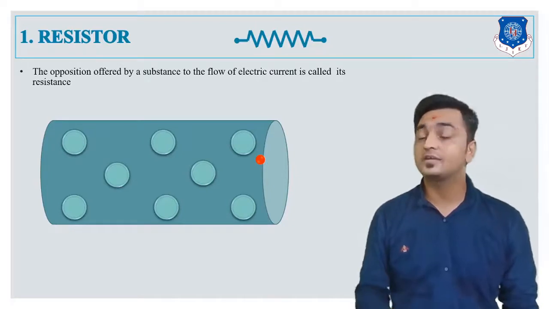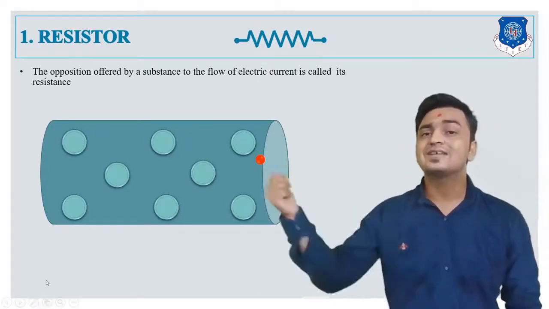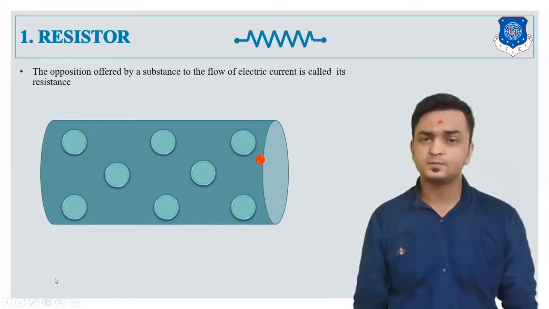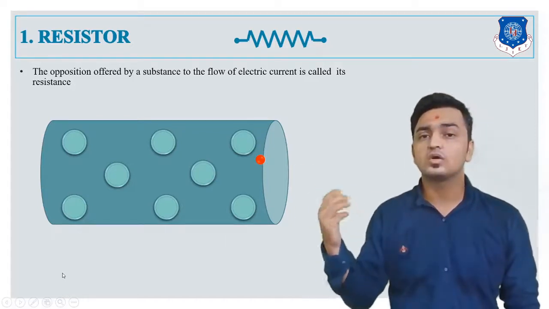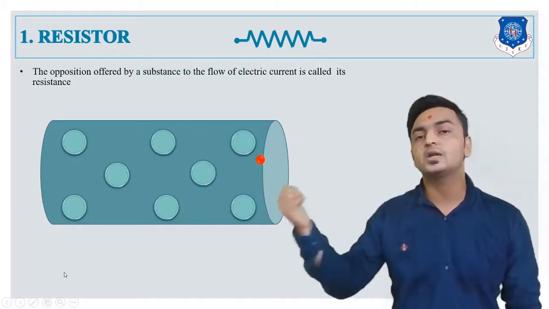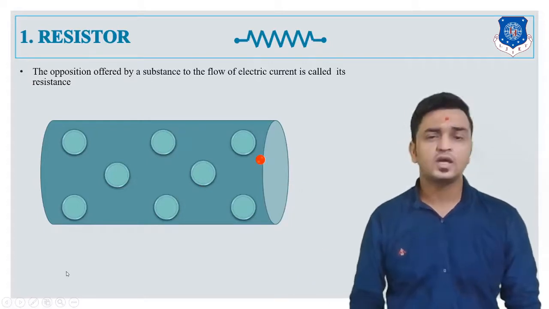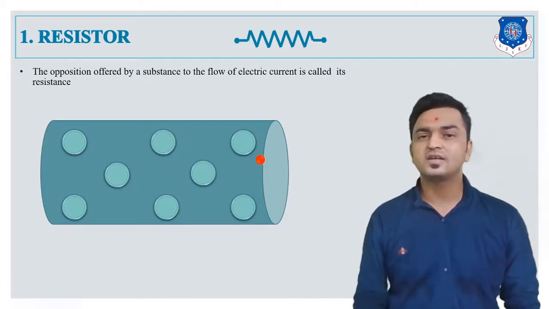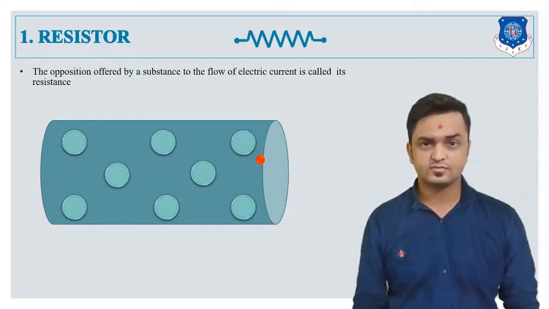Let's discuss it with this cut section of the conductor. This diagram represents one small section of a conductor, in which these big circles, these dots, represent the atoms of that particular material. And this red dot represents a free electron, which you can consider as a charge.